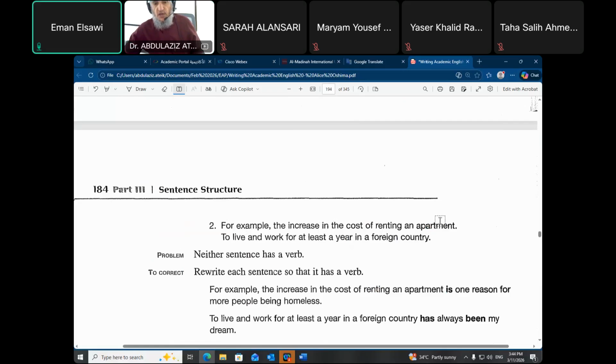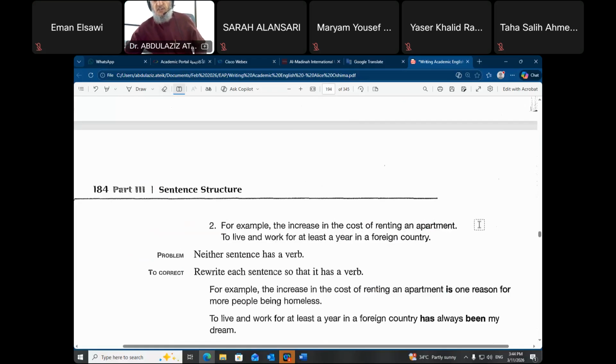What about to live and work for at least a year in a foreign country? Is this a full sentence? No, also. Why? Simply because they have no verbs. This is a noun phrase, and this one is an infinitive phrase.